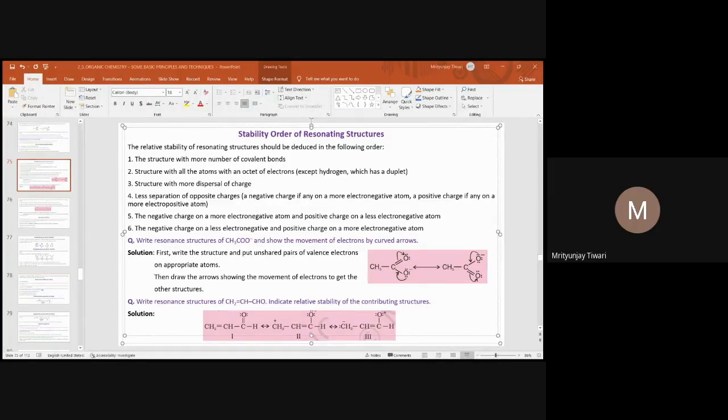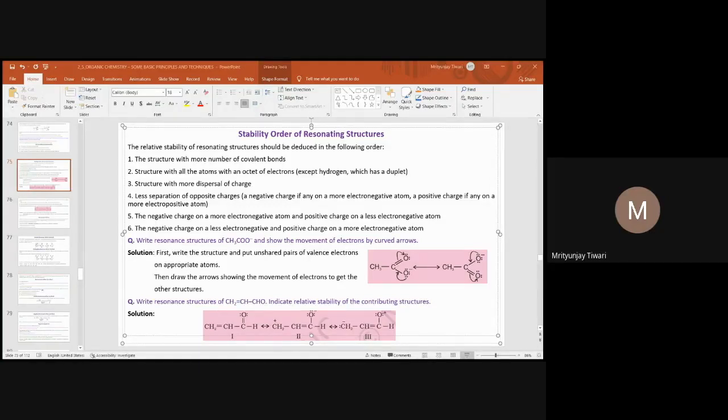In this effect, the transfer of electrons is away from an atom or substituent group attached to the conjugated system. So what happens is the transfer of electrons is away from the substituent and into the conjugated system. This is the conjugated system, the aromatic ring, or the pi electron conjugated system, and we see the movement of electrons away from the substituent. This is called the positive resonance effect.